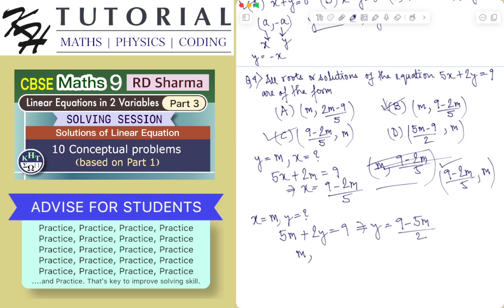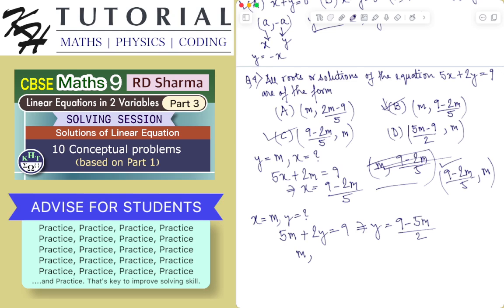Now I'm trying to find the root of the given equation, and let's say the x value is m. So what will be the value of y so that it will be a root of the given equation? I will put the value of x as m in the given equation and solve for y, and I get y equals (9 minus 5m) by 2.